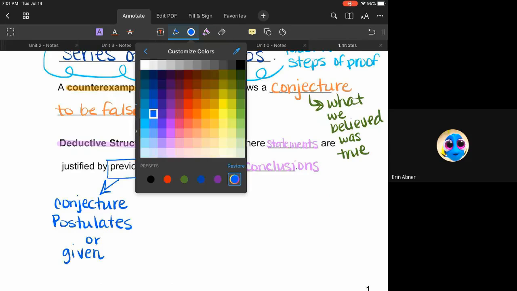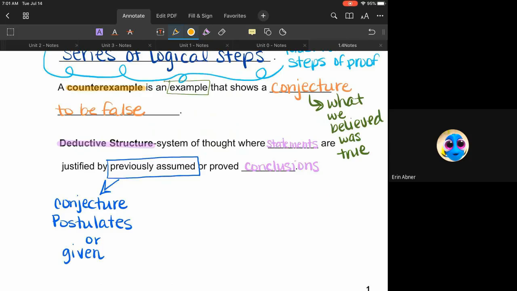The things that we proved would be our theorems and our counterexamples.